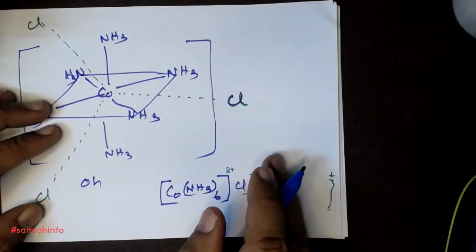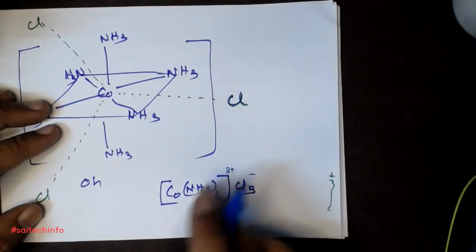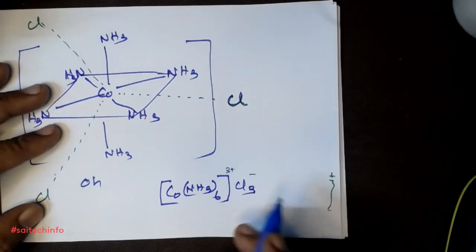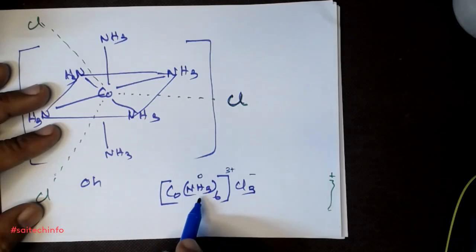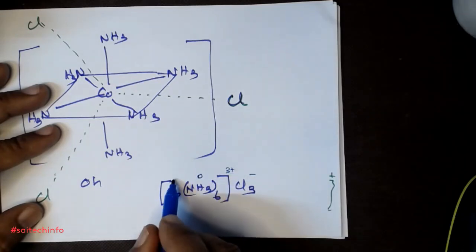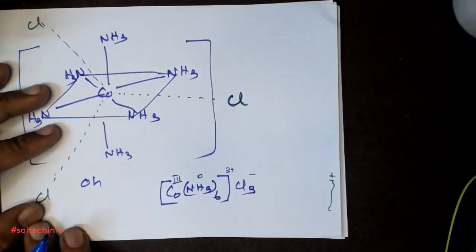Chloride is monovalent and that is why 3 valency, so 3 times minus, 3 minus, and this is 3 plus. And this is 0 because it's a neutral molecule. Ammonia is a neutral molecule, and the cobalt now has 3 valency, which is always represented by a Roman numeral.